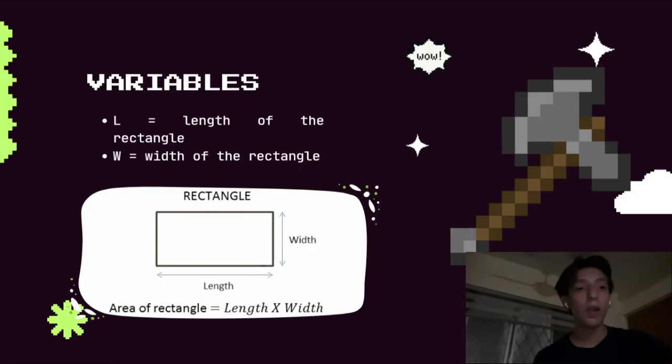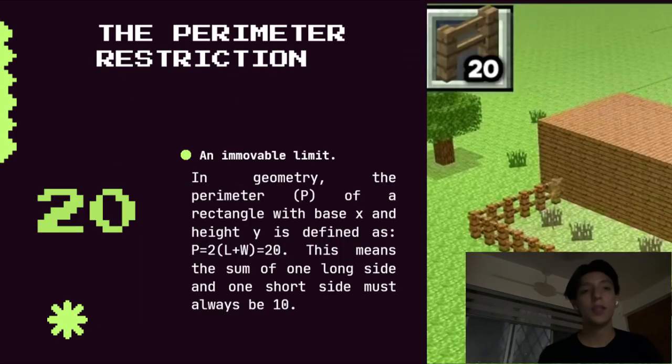Now, the variables that we used for the project are L, which means the length of the rectangle, and W, which means the width of the rectangle, the variables needed to get the area of a rectangle. The perimeter restriction is an immovable limit.